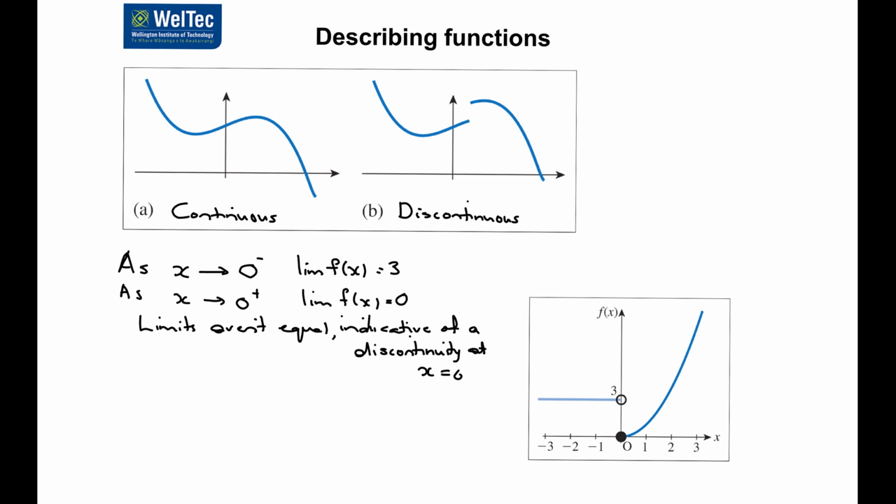Maybe we could look at another point. Let's have a look at x equals 3. So again, let's come in from below. That's tending towards. So coming in from below, the limit is 9. If we take that, and the function's x squared on this part, then the answer is 9. So y equals x squared on this side.